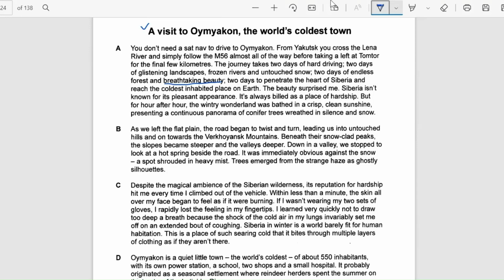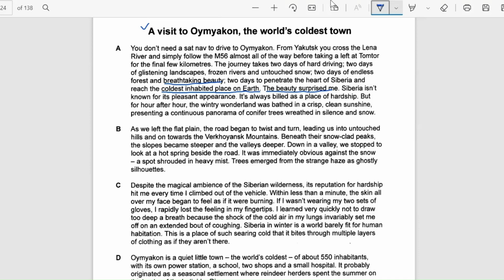And then it's talking about the coldest inhabited place on earth. Inhabited is a place where people live, right? And the beauty is surprising, so it means it's very beautiful. So again, breathtaking beauty, beauty surprised me.